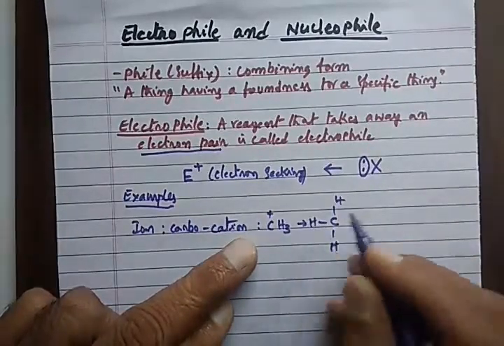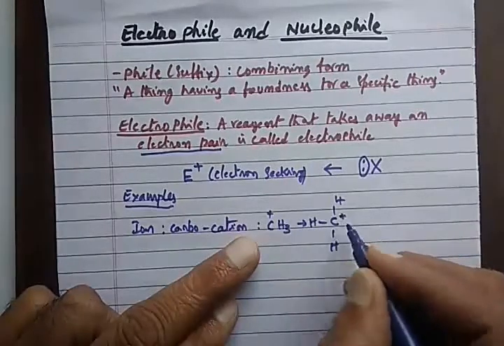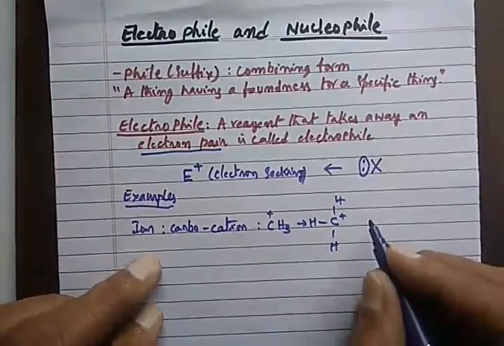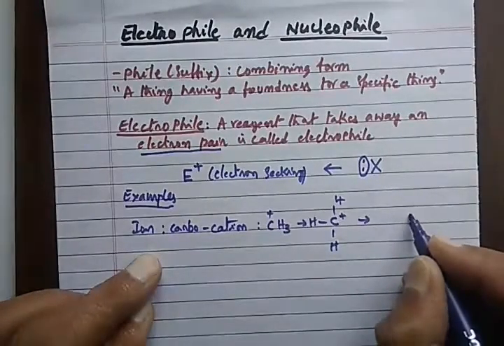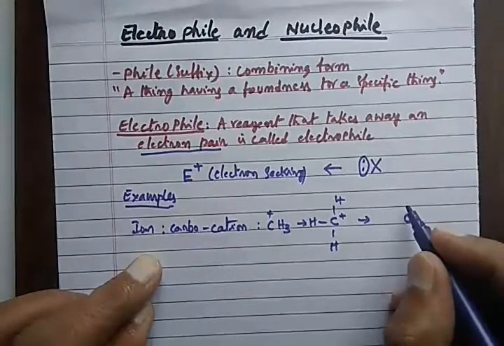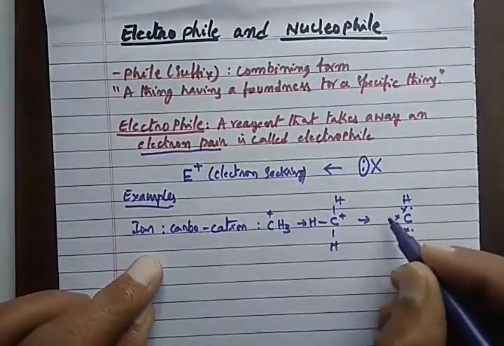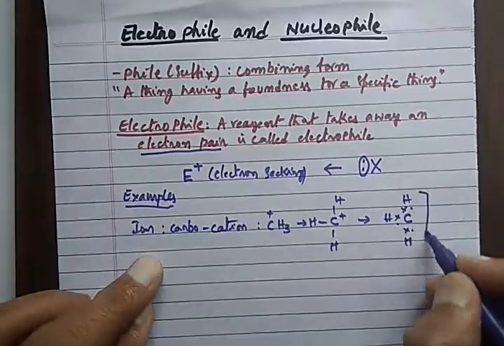It has three covalent bonds and a positive charge on C. Further, if you write it with the electronic configuration also, write like this: here one hydrogen, here one hydrogen, here one hydrogen.